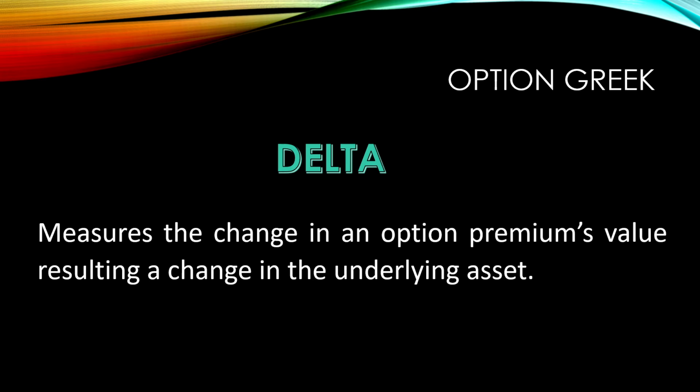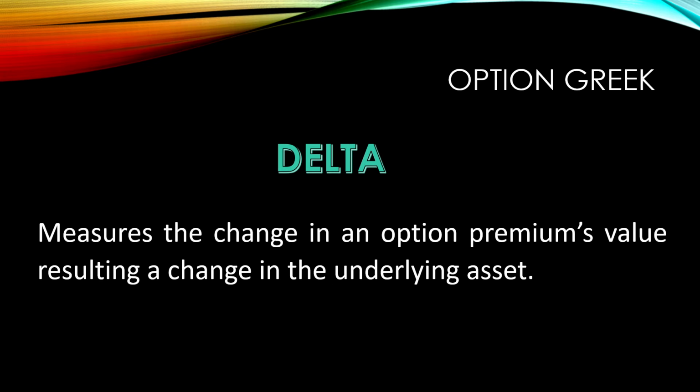So delta measures the change in an option premium's value resulting from a change in the underlying asset. It means delta measures the rate of change of an option premium whenever there is a change in the underlying asset.